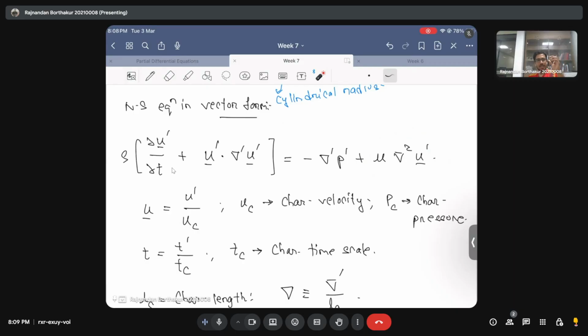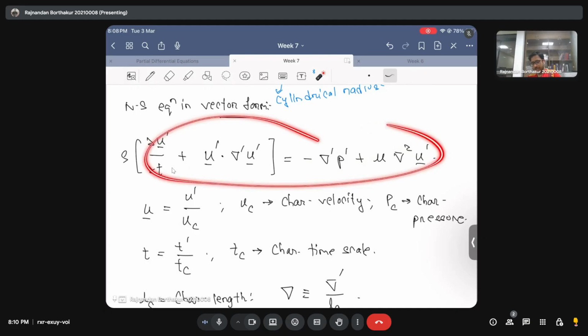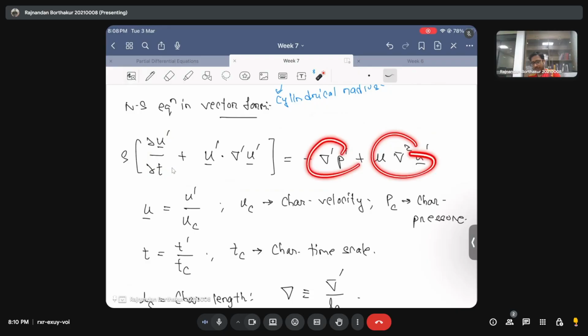Or in other words, the inertia itself is so small that the viscous force will anyway dominate over this inertia force. Okay, in that context, the gradient of pressure is solely dictated by this term. In order to have equality in this equation, this term should roughly balance this term.